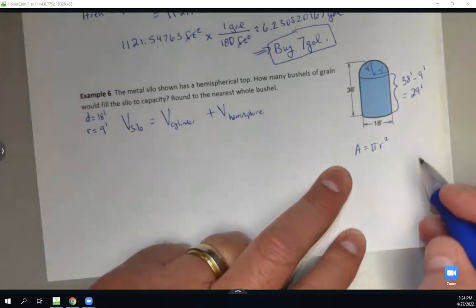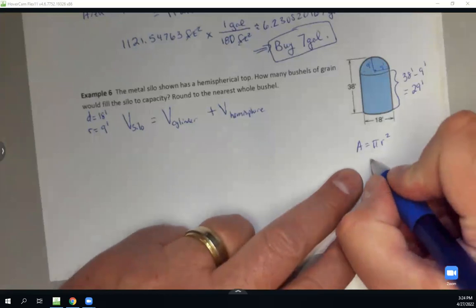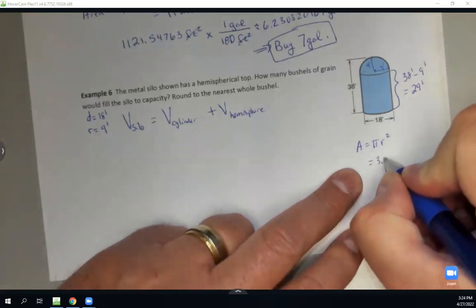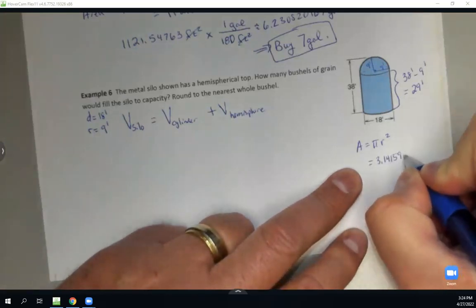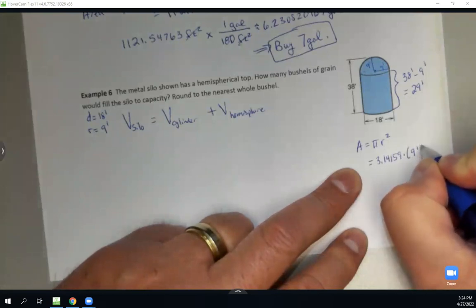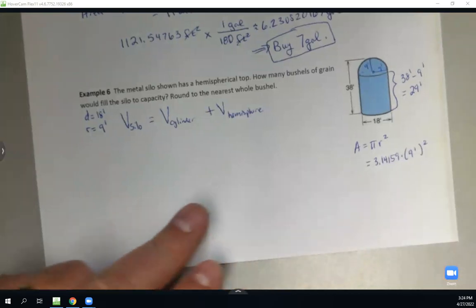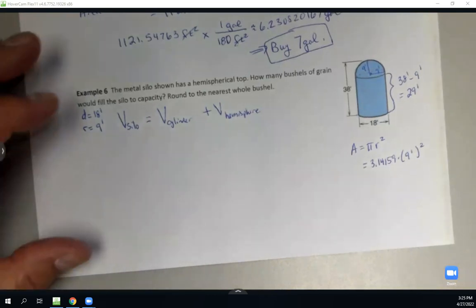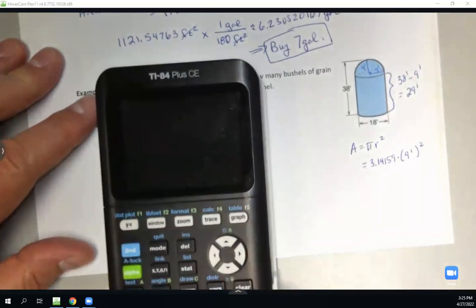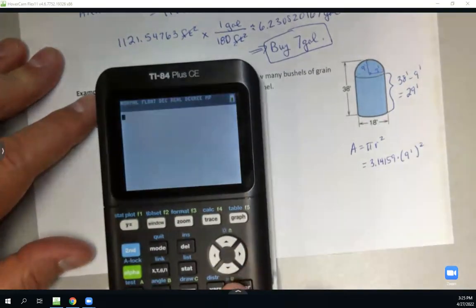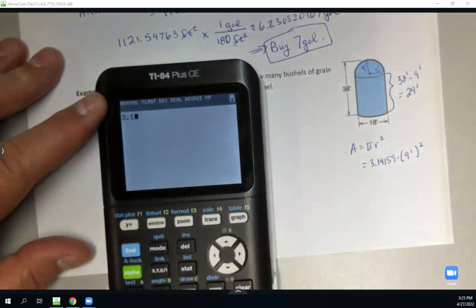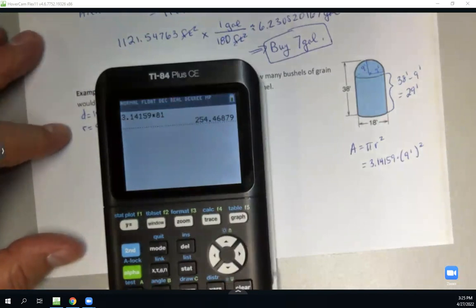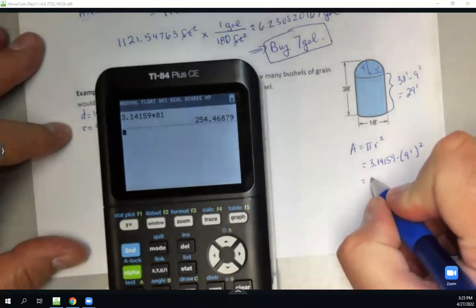So in this case, that's going to be 3.14159 times 9 feet squared. That's the area of the circle at the bottom of the cylinder, right? Okay, so 9 squared is 81, and 3.14159 times 81, that is 254.46879.